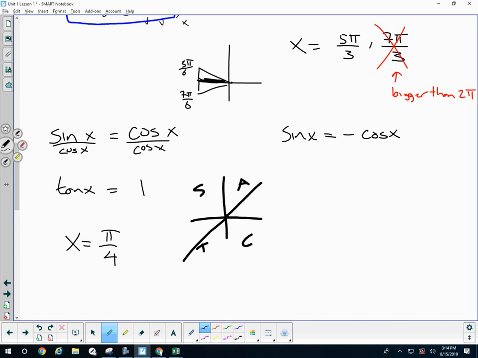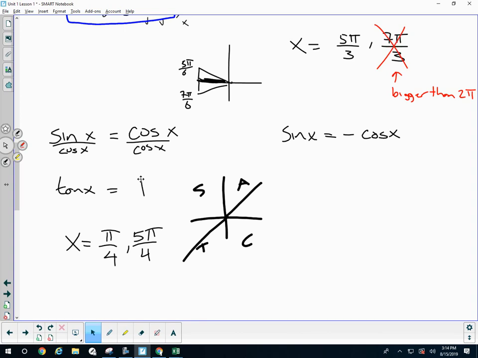So tangent will equal positive 1 at this pi over 4 as well. 0, this would be pi, that's 4 pi over 4. Add a pi over 4, I get to 5 pi over 4. Those are my two solutions.